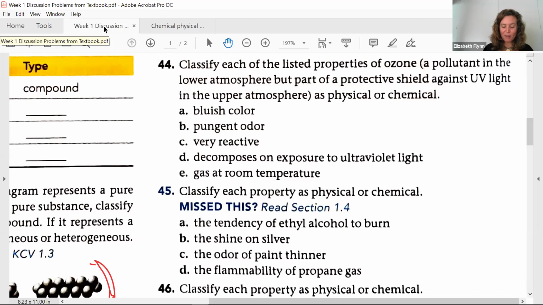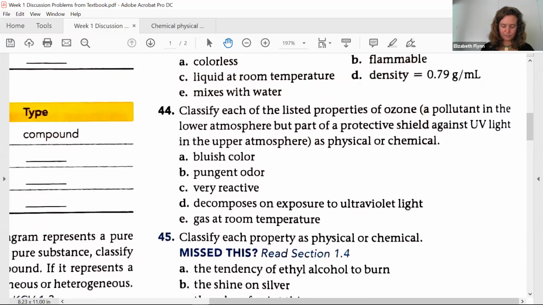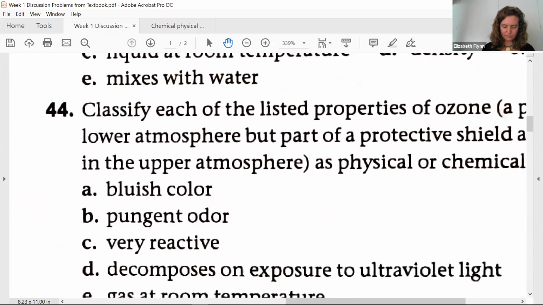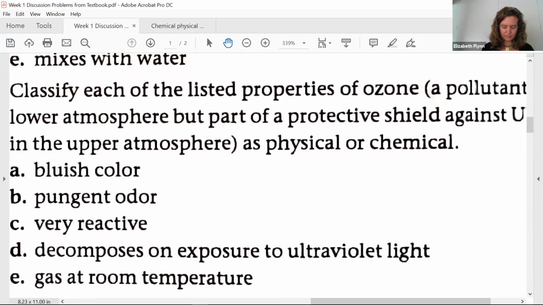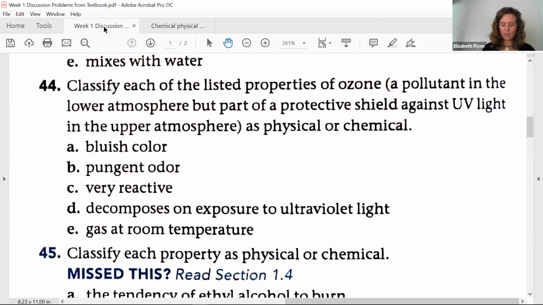Classify each of the listed properties as physical or chemical. Actually, we'll do number 44. Okay, ozone. Ozone is a pollutant, but it's also a protective shield in the ozone layer. It has a bluish color. Is this a physical property or a chemical property? A physical characteristic or a chemical characteristic?